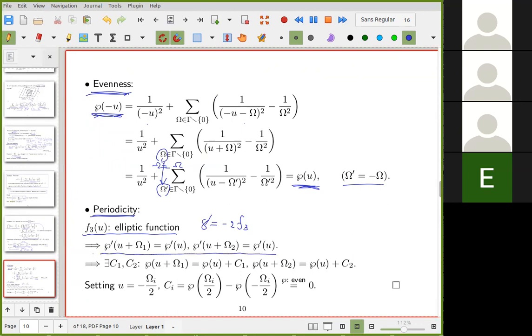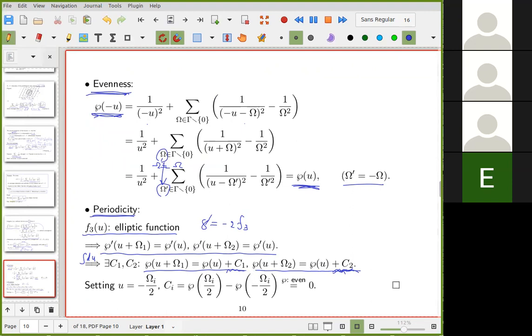By integrating these relations, we have such a periodicity. Well, better to say quasi-periodicity, because we may have some additional constants.